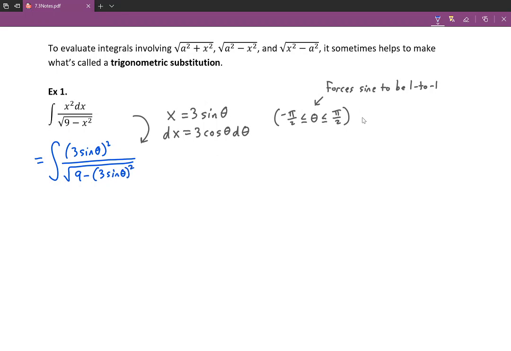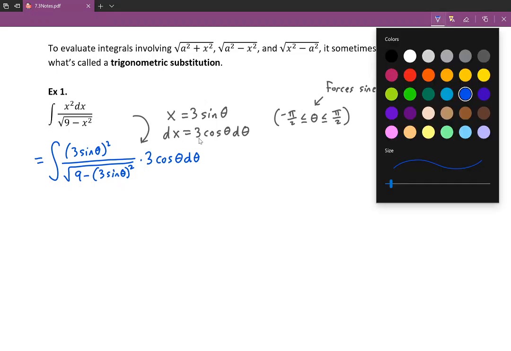And then remember that the dx gets replaced with 3 cosine theta d theta. So let's do that right here. 3 cosine theta d theta. It's a common thing to forget to do with these problems, so just make sure to take note of that.